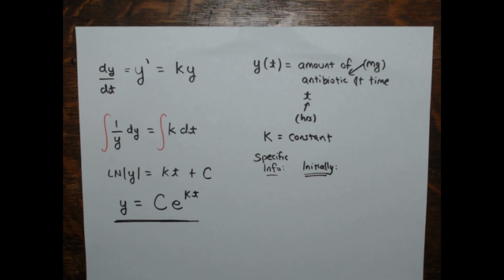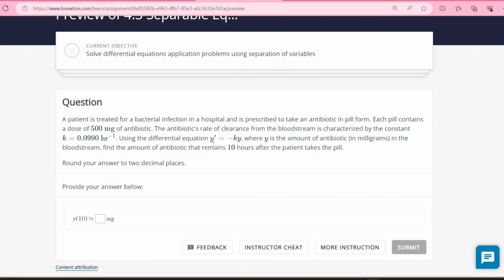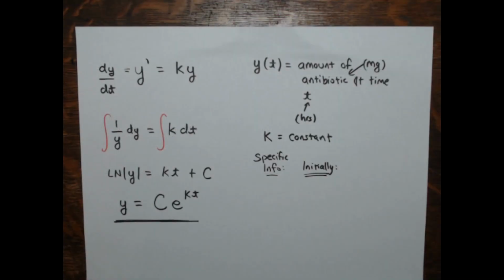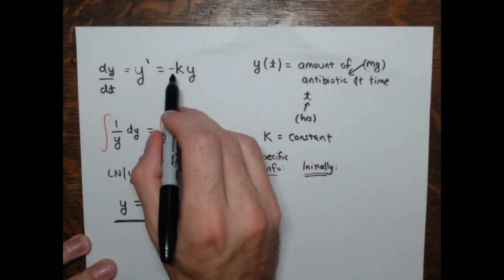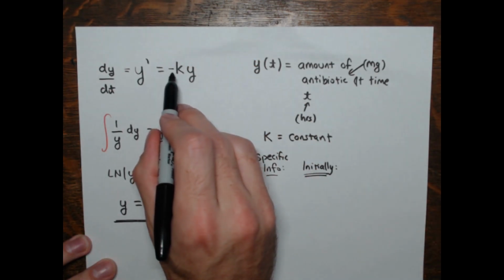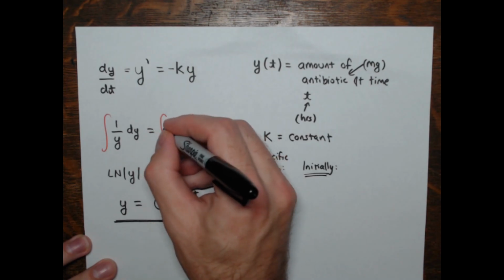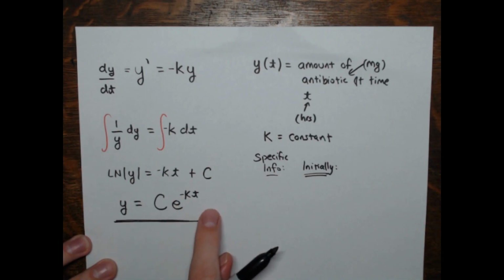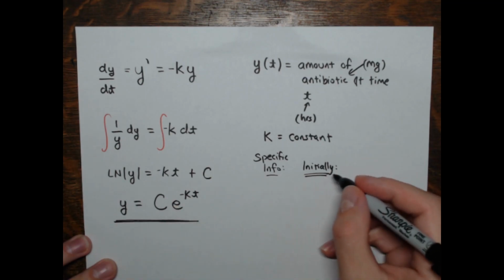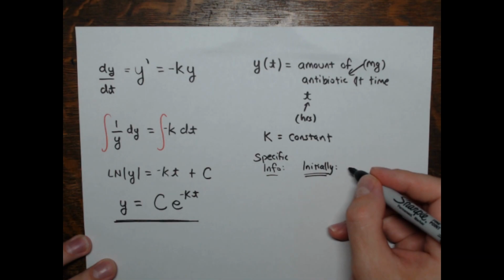oh, I miswrote the equation, didn't I? My apologies. It's y prime equals negative ky. I was wondering, it looked to me like this thing would be increasing. So all that's going to change here, I'm sorry, it should have been y prime equals the opposite of ky. So this will be negative, this will be negative, this will be negative. Okay, so that'll be a decrease, great. So initially, right, this pill contains 500 milligrams of the drug, right?